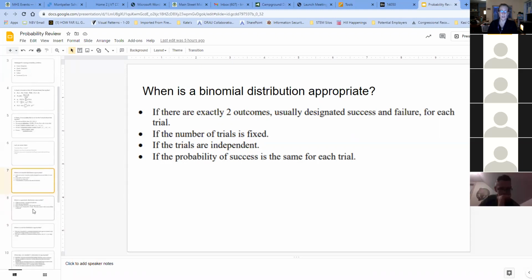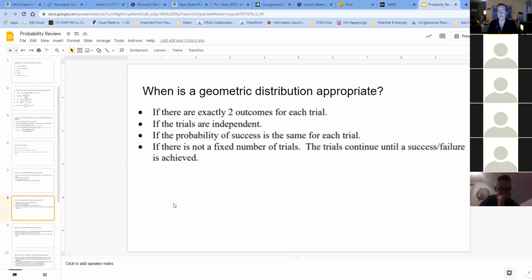Sometimes we're looking at a situation that isn't binomial, although it starts to feel a little binomial. It turns out that it's geometric because it doesn't have the fixed number of trials. So geometric distribution, the difference between geometric and binomial is that this one doesn't have a fixed number of trials. You're just going to keep on shooting the dart until you get a success, or you're going to keep on shooting the ball until the ball goes in the hoop.